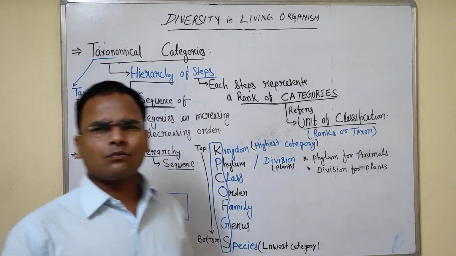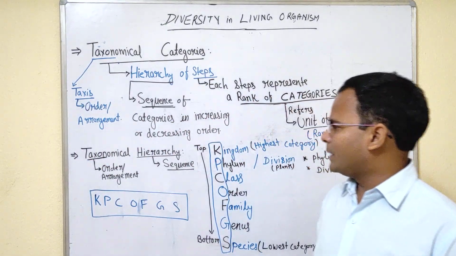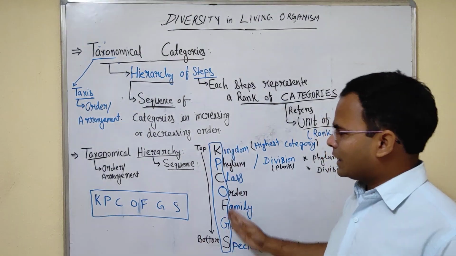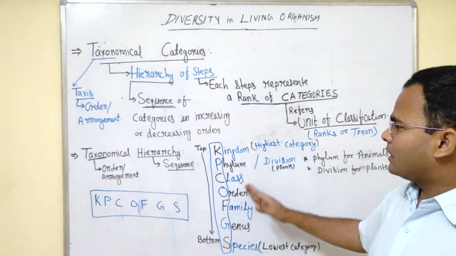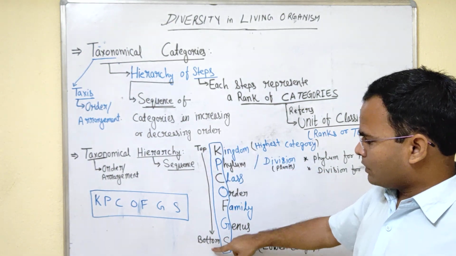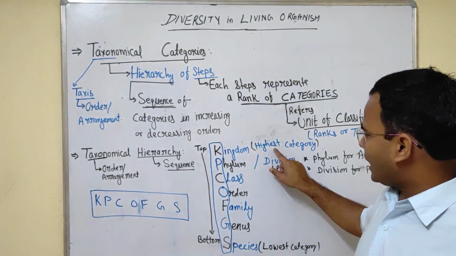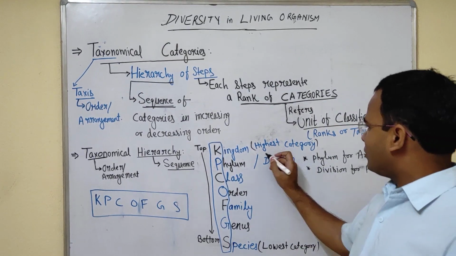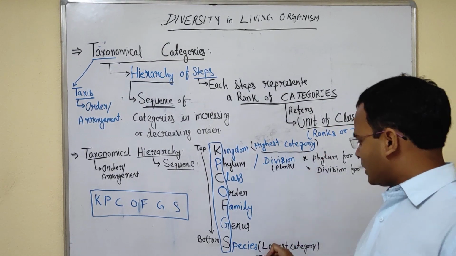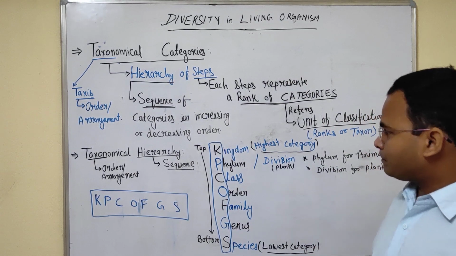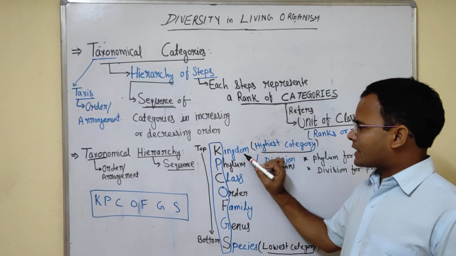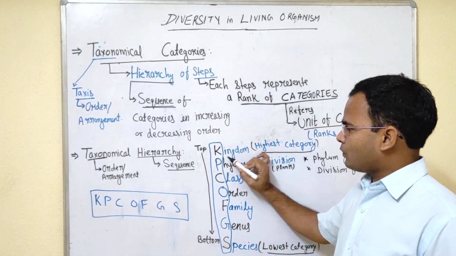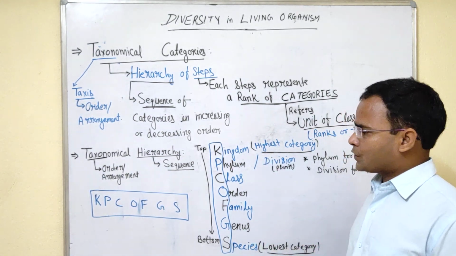What is the meaning of these? We will come to that later on. First we have to remember this sequence. The sequence is from the top order to the bottom order, from the highest category of the classification to the lowest. The highest category of taxonomical classification is the kingdom, and the lowest is species.